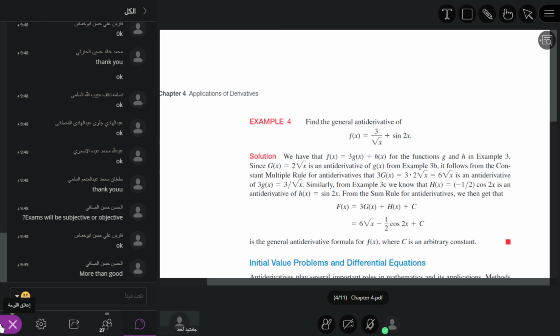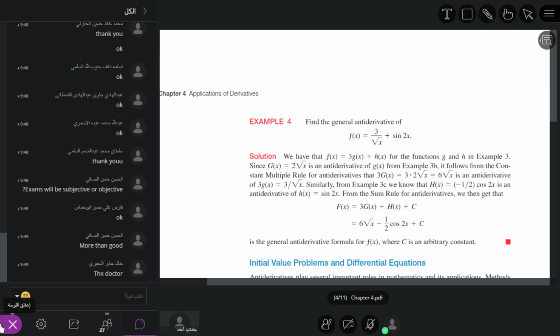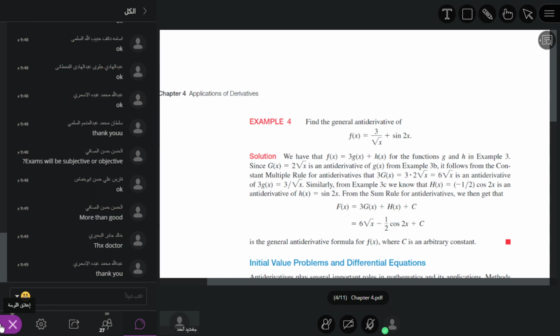In objective, there will usually be MCQs, multiple choice, and true and false. There will not be fill in the blanks. So there will be two types of questions: one is MCQs, multiple choice, and the second is true and false.